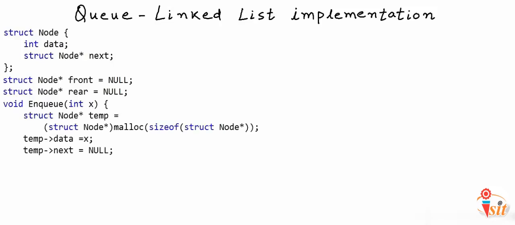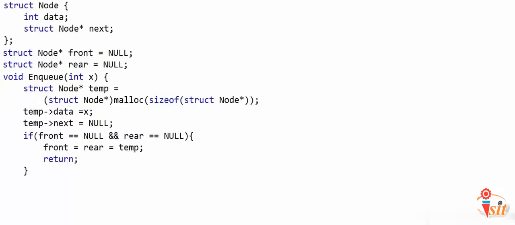In this function, I'll first create a node. I'll use malloc in C or the new operator in C++ to create a node in what we call dynamic memory. I'm pointing to the newly created node using this pointer to node named temp. Now we can have two cases in an insertion or enqueue operation. If there is no element in the queue, if the queue is empty, in this case both front and rear will be null.